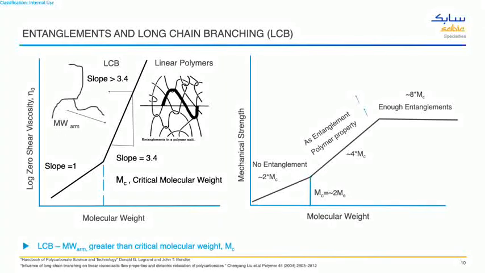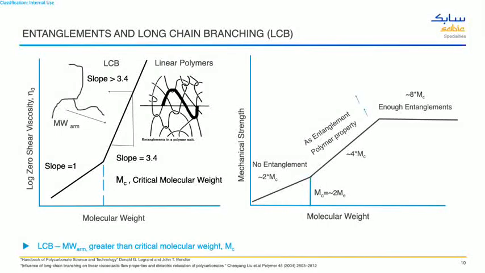It agrees with most polymers, thermoplastics out there. But when you have a branched polymer, the scaling tends to differ, because the entanglement density and the way it relaxes is different from the linear material.